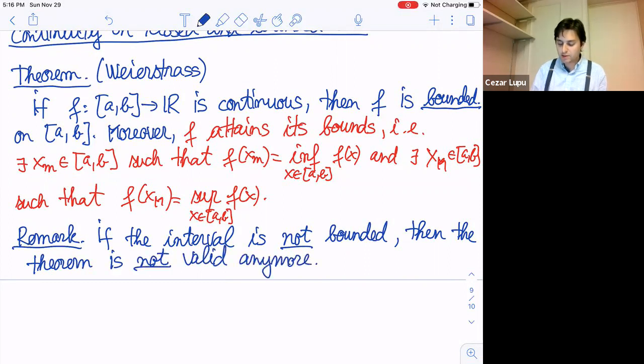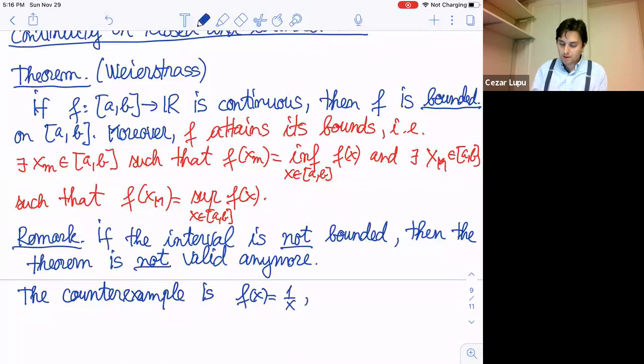Like I said, this is an essential condition, and the counterexample is given by, let's consider this function: f(x) = 1/x, defined on the open interval (0, 1) and real valued.